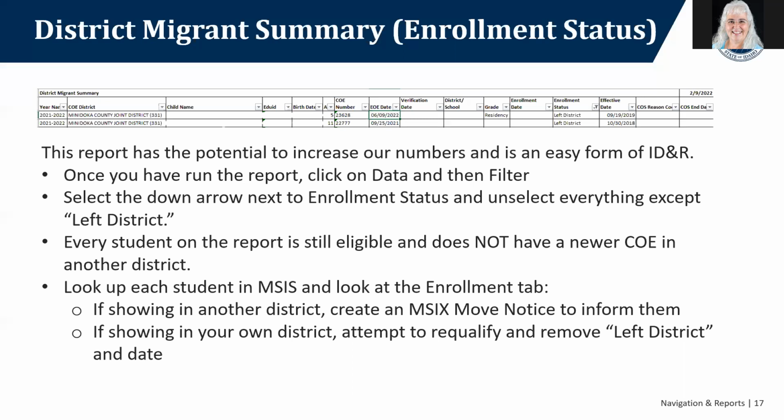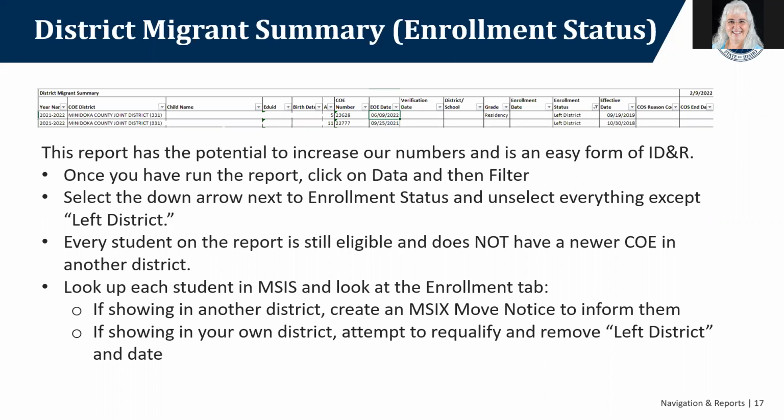was showing as attending CASHA, but does not have a new COE in CASHA. So in this case, what this report will do is allow Jamie or Norma to go in, look up each student, and say, oh, this student is attending in CASHA. I need to first check and see if the student has actually moved.